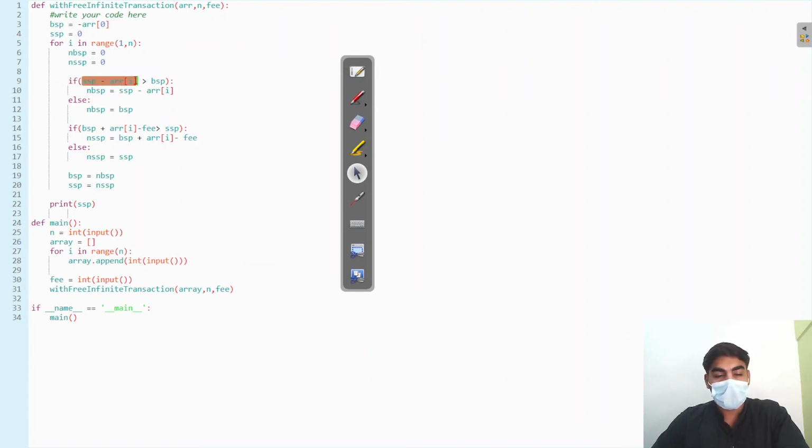If today's loan is less than the previous loan, then we take today's price, otherwise we take the older as it is. For selling state profit, if it's greater than the old selling state profit, we take it as new, otherwise we take the older as it is. At the end I am swapping the values, and at last I am printing the value.